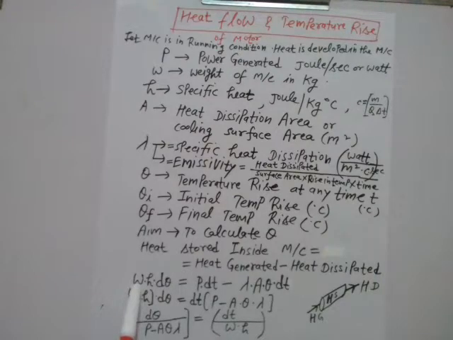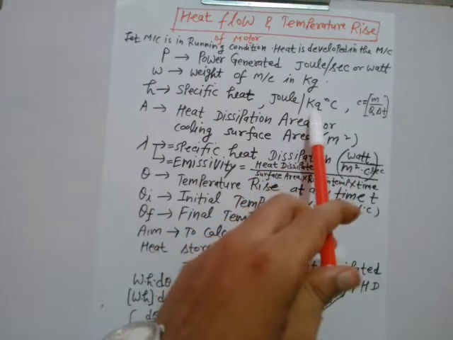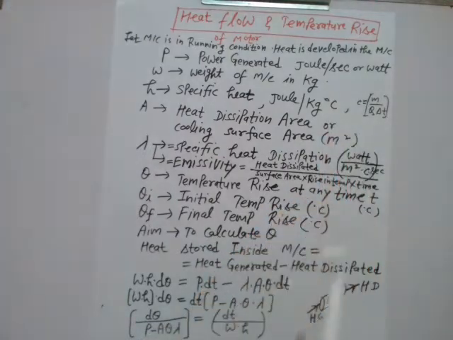If you want to write the expression for heat stored inside the machine, you multiply the specific heat h by the weight of the machine w, into the temperature rise, so w h d theta. We are calculating this for an elemental surface, for a small temperature rise, so we put d theta.